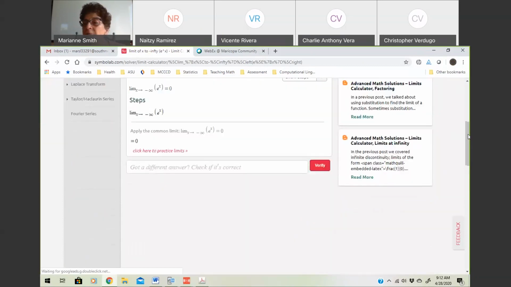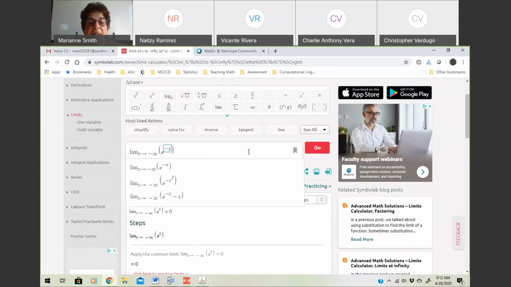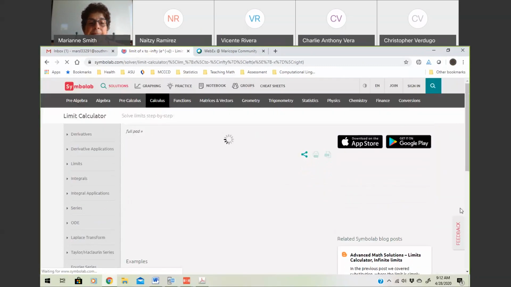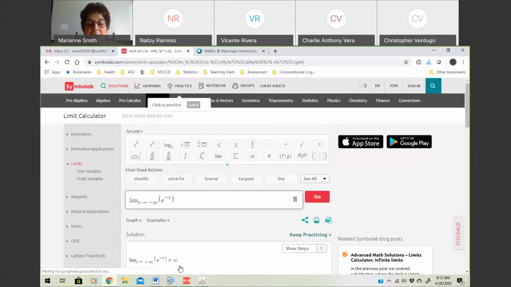And now you see I've got a value of zero for the limit. Leaving the bound as negative infinity, I'm going to put a negative sign in front of this. And now you see I've got my limit doesn't exist back again.